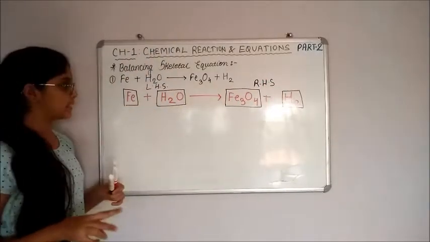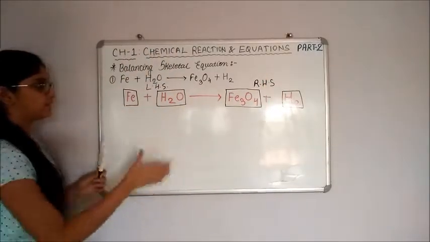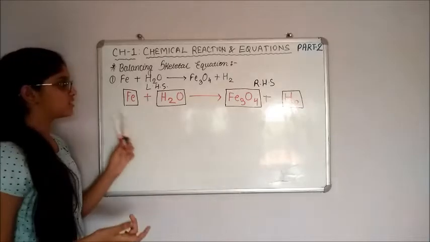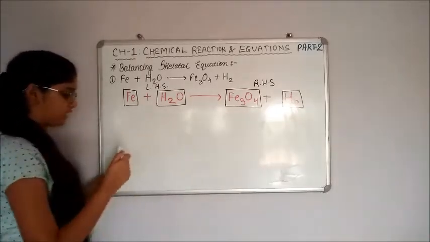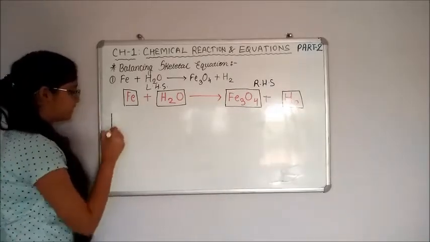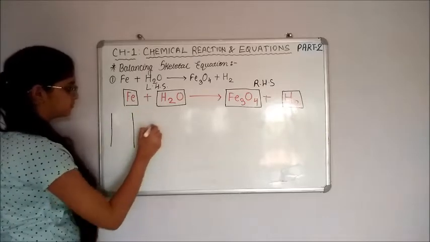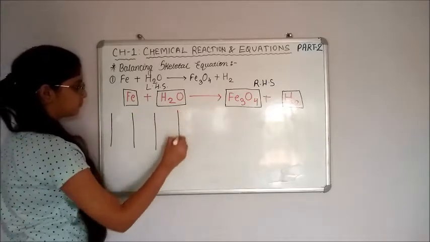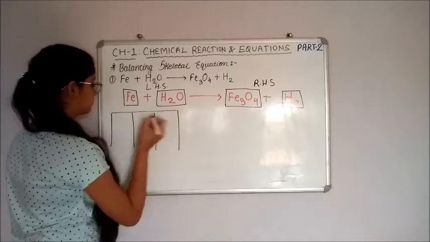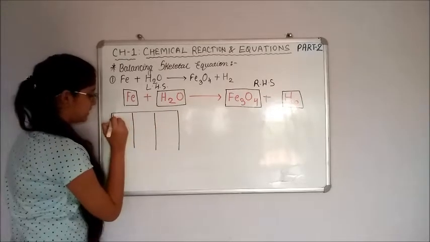Now the step 2 is to draw a table that shows how many atoms each element has on both the sides. So you need to make 3 columns. The first is element.